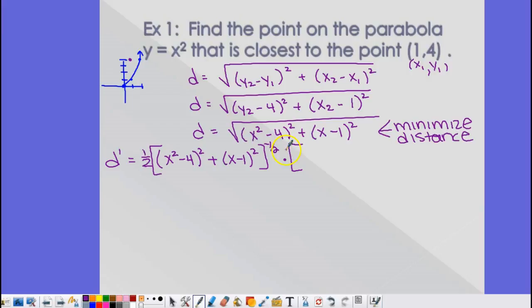So derivative of this would be 2x squared minus 4 times 2x plus 2x minus 1 times 1.